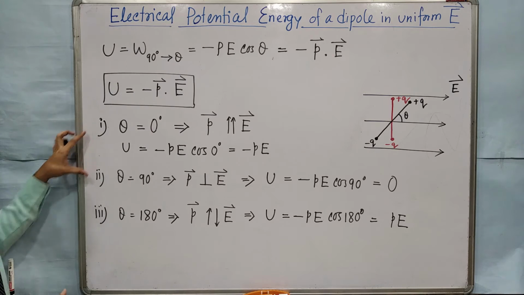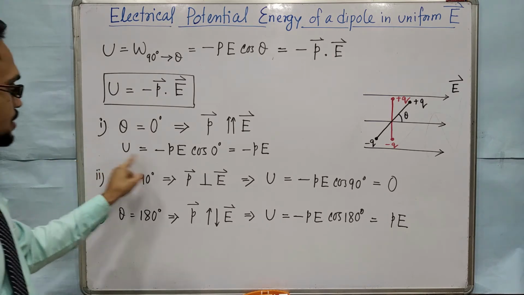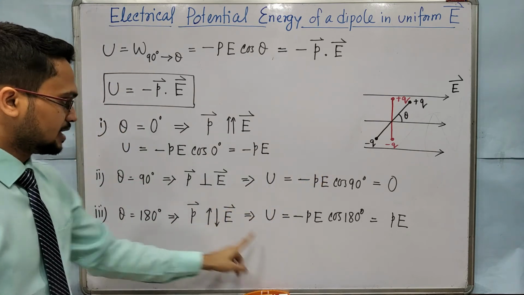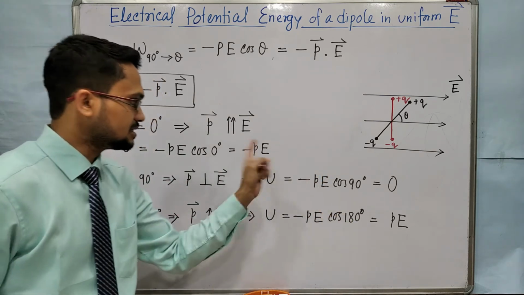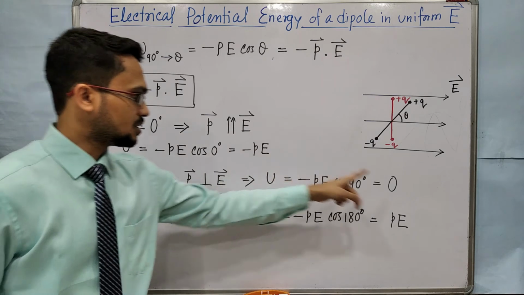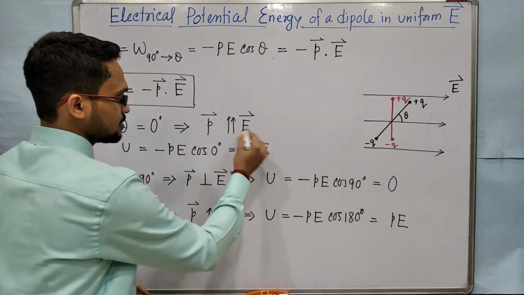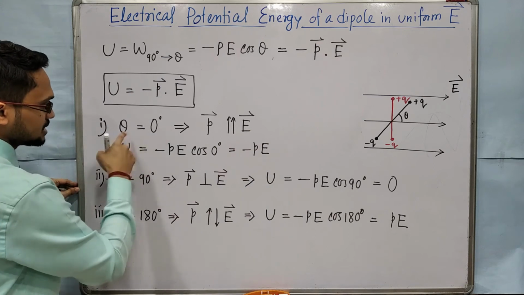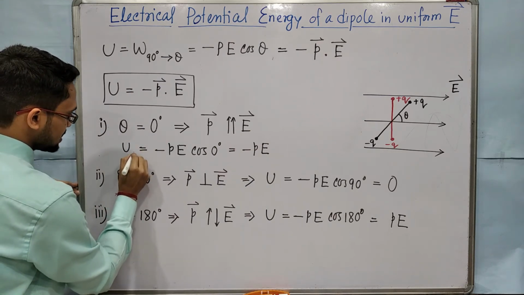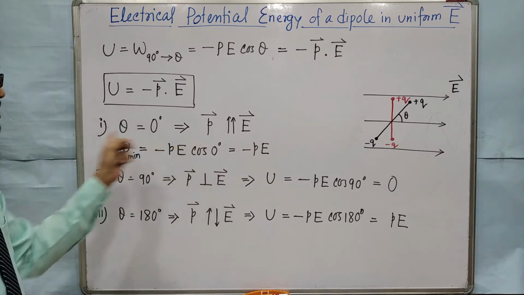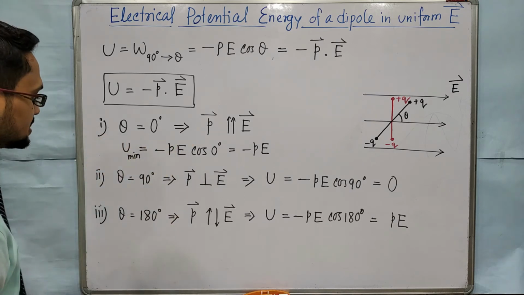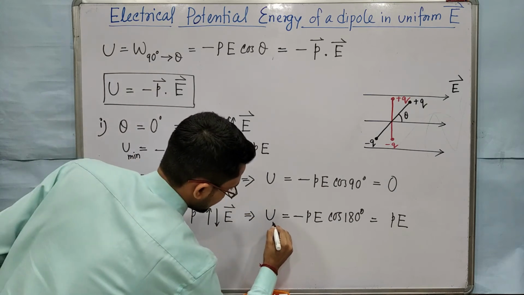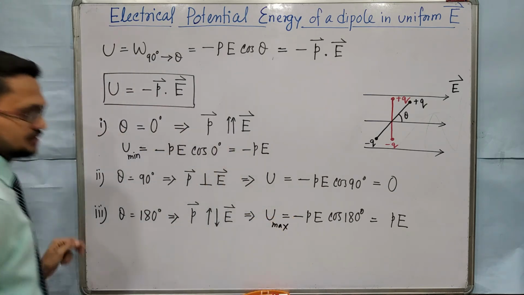Now look at the three expressions. First one, U is minus PE. Second one, U is 0. Third one, U is PE. Which one is the smallest among these three? This one, right? So this is the position of minimum potential energy, and the maximum is PE, the position of maximum potential energy.